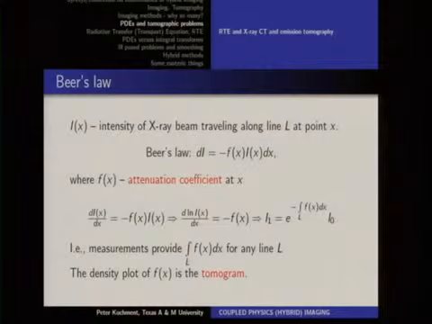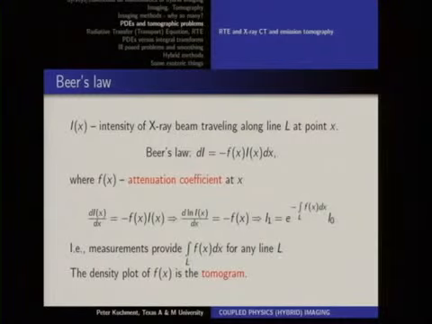You have an unknown function f of x, and let's say it's in the plane, at least the commonly used CT scanners visualize a slice. And if you want to see a 3D image, usually they put one slice on top of another. Nowadays there are already fully 3D machines, but let's say that we are in the 2D case.